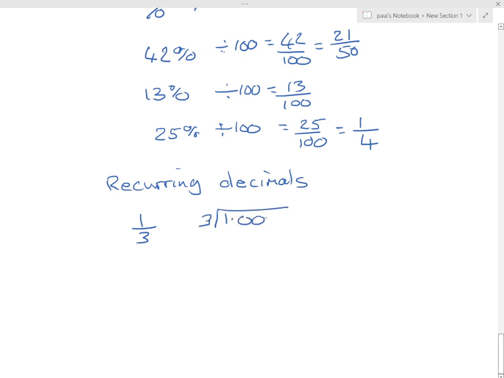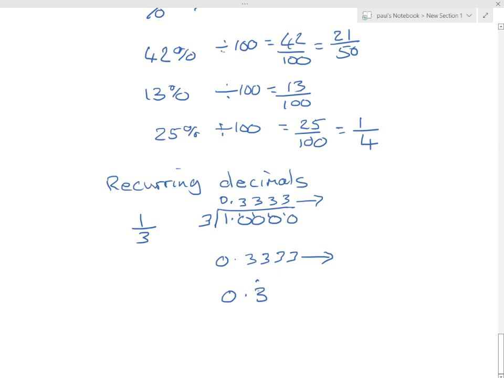Okay, so we put some zeros there. 3s into 1 don't go. 3s into 10 go 3 with 1 over. 3s into 10 go 3 with 1 over. And we're going to go on forever. So this is 0.3333 forever.